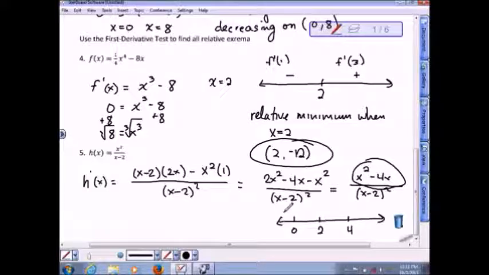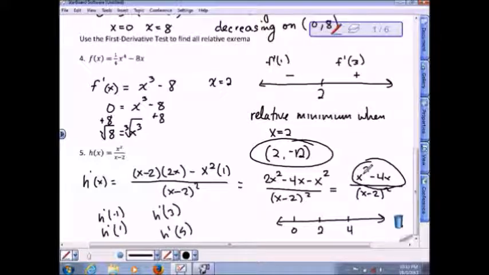So now we need to choose test points within each interval, plug them into the first derivative, and see what comes out of that. So we need to test h prime of -1. We could test h prime of 1. We could test h prime of 3 and h prime of 5. We've got to figure out what's happening with all these.